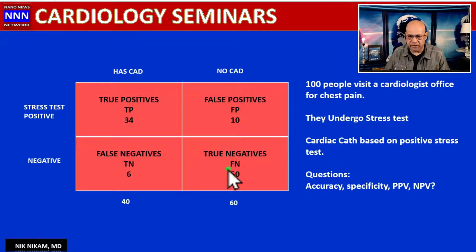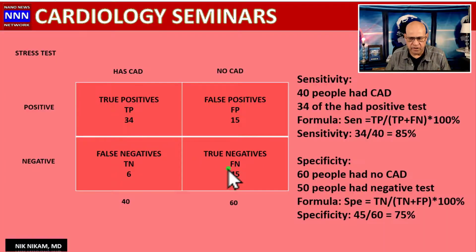So in order to do that, we go to the next chart and we're going to say, how sensitive is the stress test? If you take 100 people with cardiac cath proven coronary artery disease and you do a stress test on them, how many of them will have a positive test and how many of them may have an inadequate or negative test?